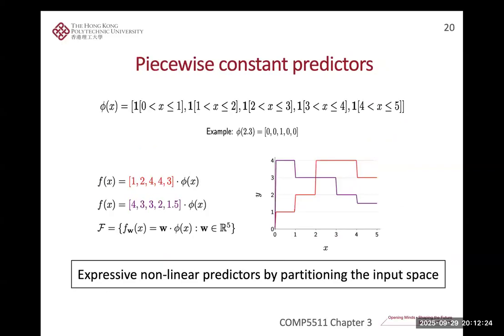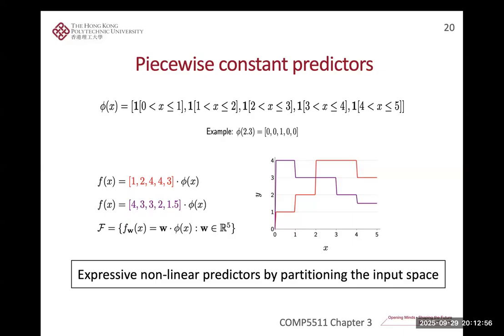So this is another predictor, piecewise constant predictors. We can design the feature extractor to deal with different regions of the variable. This is our variable x, and this is our y. If we just simply use our linear models, how do we fit the data?